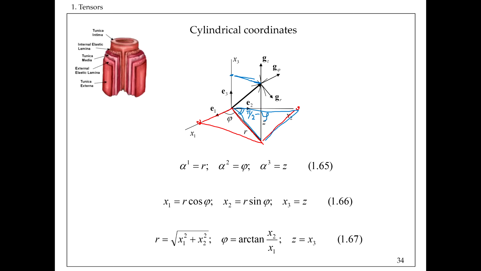There were always 90 degrees between them. So now, in this new coordinate system, what are the basis vectors? How do we define them? This is what we will do next.